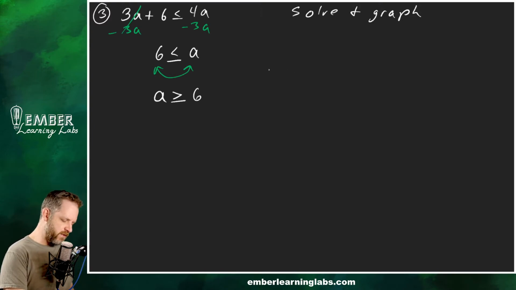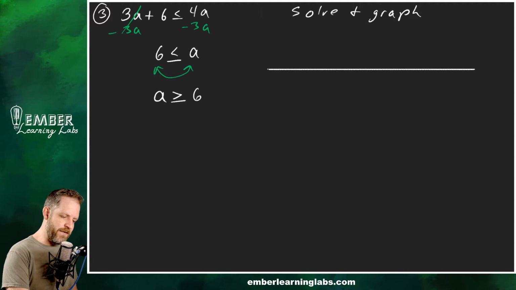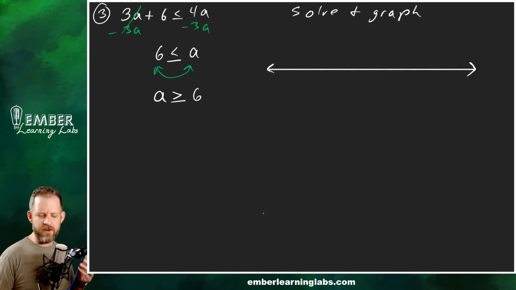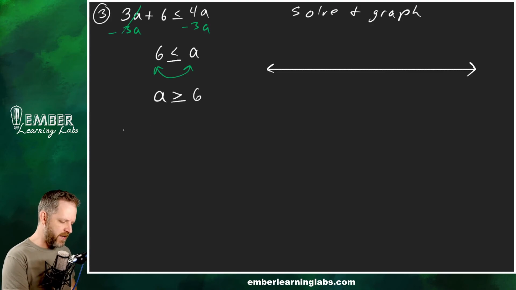So graphing this is really easy. That's not a two-dimensional thing. We'll do that in the last lesson of this unit. What we need to know is whether we have greater than or equal to, or less than or equal to.